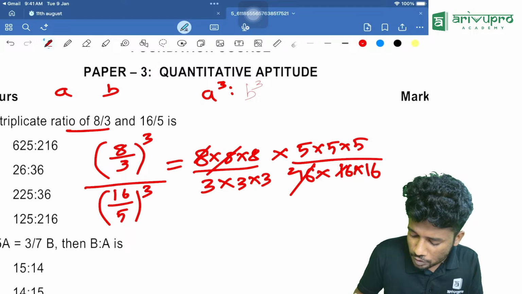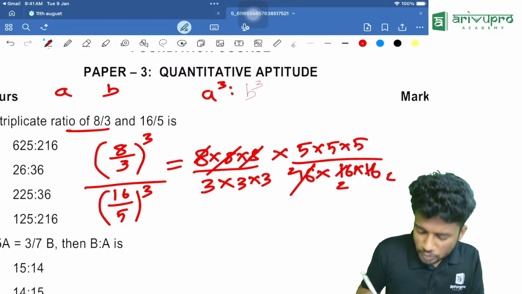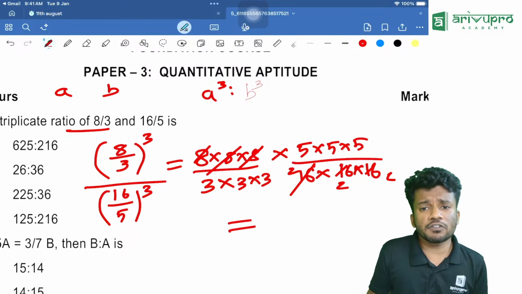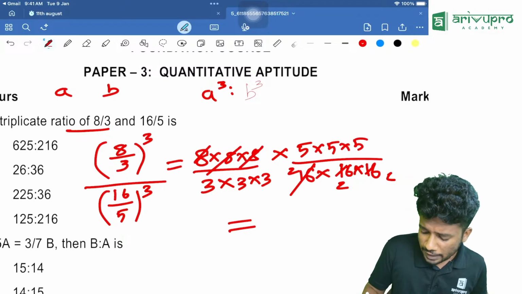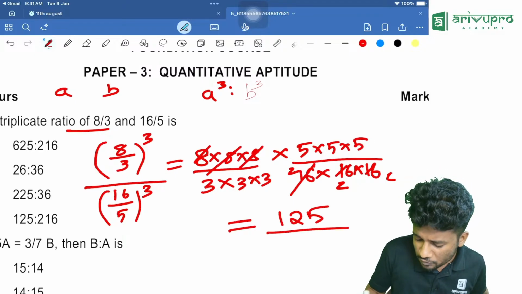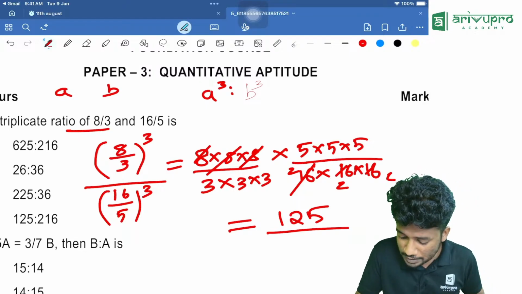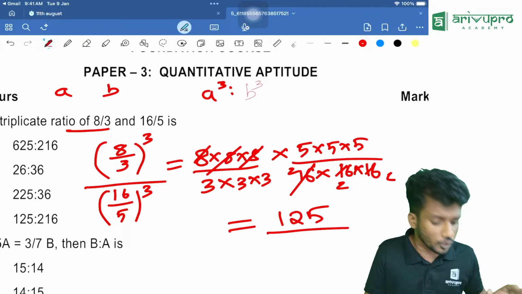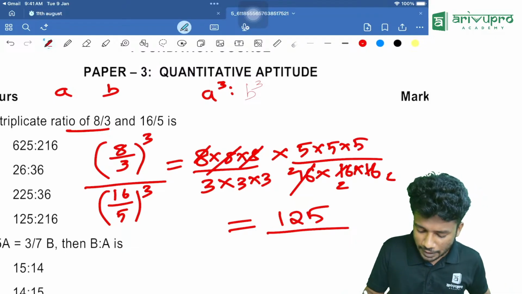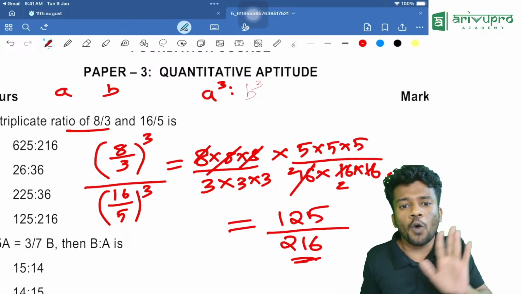Then again 2, then again 2. So at the end, 5 into 5 into 5 is 125, divided by 3 into 3 into 3, which is 27, into 2 cube, which is 8. That gives 216.